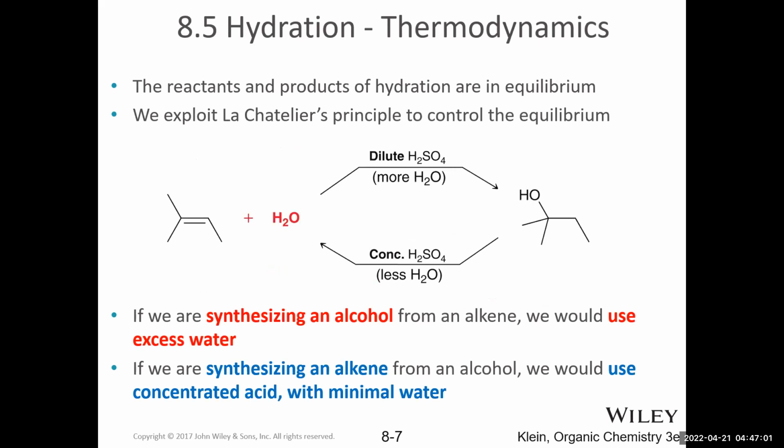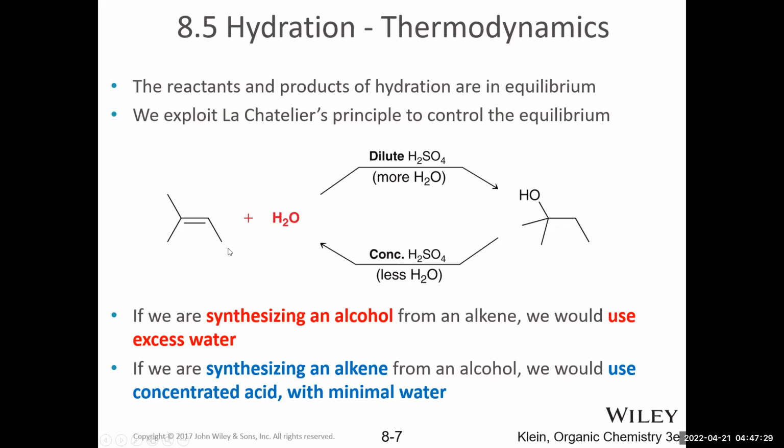Acid catalyzed hydration is a reversible process. We actually already learned the reverse process in the elimination chapter. Recall that if we take an alcohol substrate and treat it with concentrated acid, it will dehydrate to form an alkene product, which is the product of an elimination reaction, and also water.